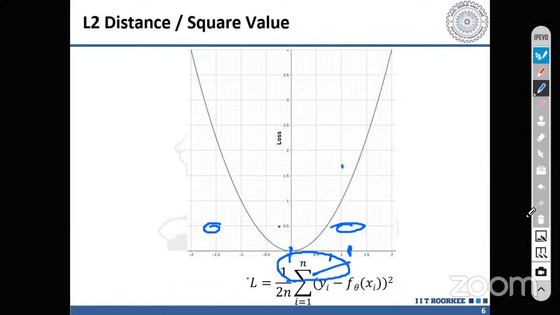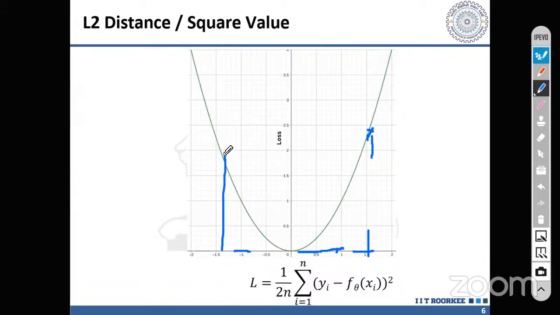In regression, if the difference is something like 1 or 2 and you square it, the loss will be large. If you take the square on both the positive and negative sides, your loss is larger.